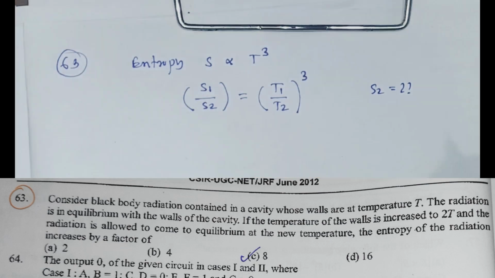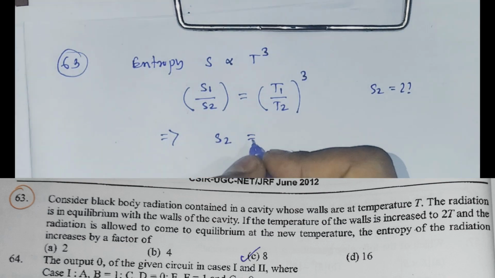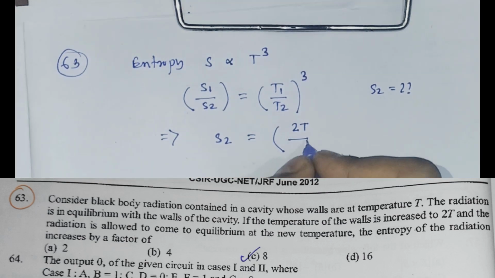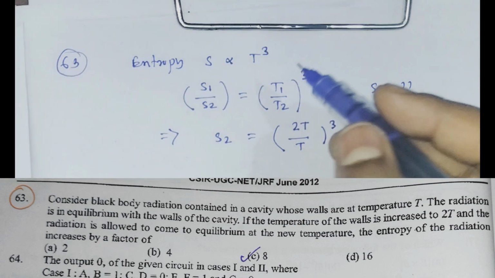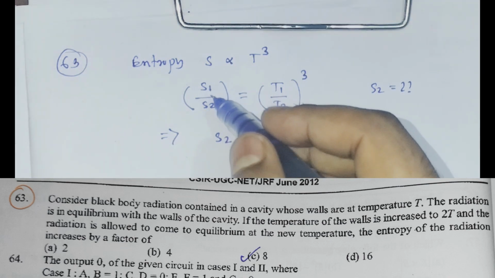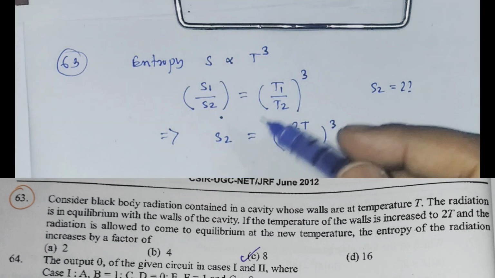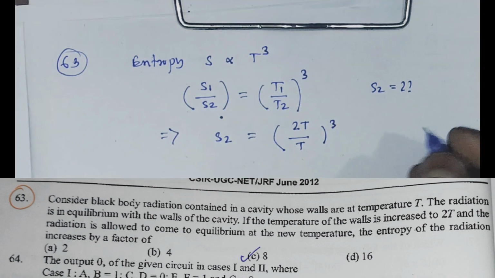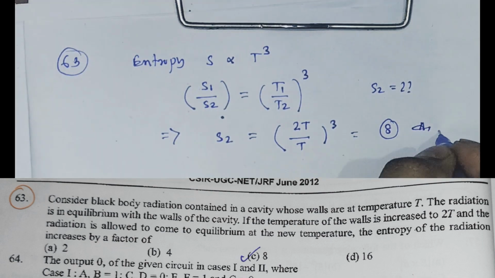I need to calculate S2, so S2 equals (2T by T) whole cube, because the final temperature is 2T and the initial temperature is T. So T2 equals 2T and T1 equals T. If I want the value of S2, it will be the inverse, so 2T by T whole to the power 3, and this T will cancel, and 2 to the power 3, so 8 is the answer.